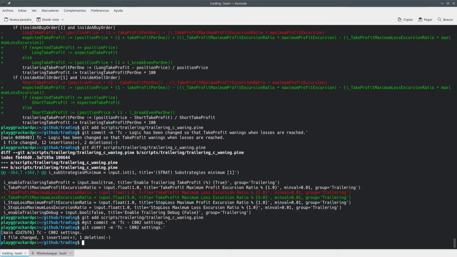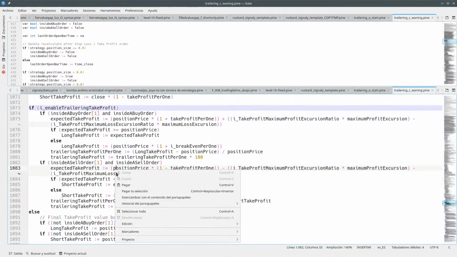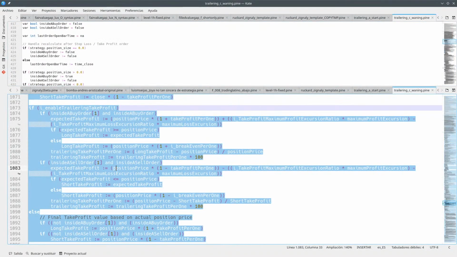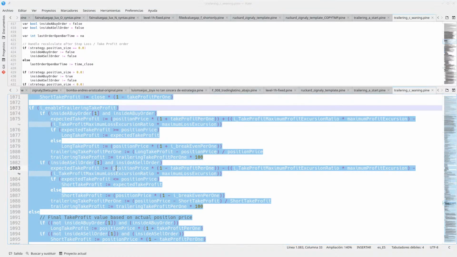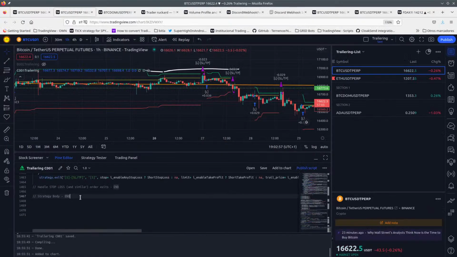Nice. Yeah, we should probably bump this and test whatever we have here. So we can copy this, go into the source code and say hello, let's test this. Let's see if it's any better.